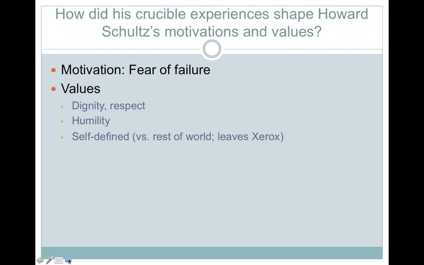But all of that comes from that crucible experience that Howard had growing up with his father getting injured. And the important thing is, rather than Howard growing up poor and resentful and bitter and so forth, he reframed his experience in positive ways so that he created an experience in his Starbucks stores that was made for a better world than he grew up in.